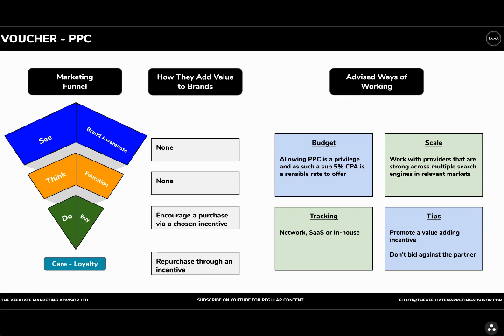There's always going to be a section of your audience that wants an incentive to purchase, and you can satisfy them and give them what they need to go and purchase. It's better that than they go and purchase from a competitor or they don't purchase. This is also a good way of controlling what offer is at the top of the search engine results page.